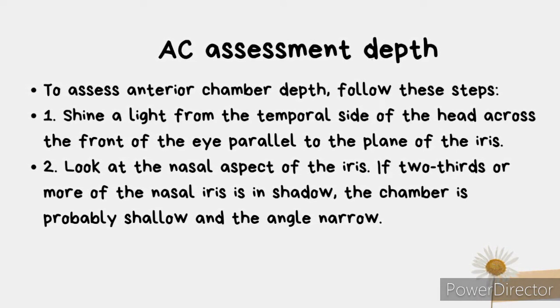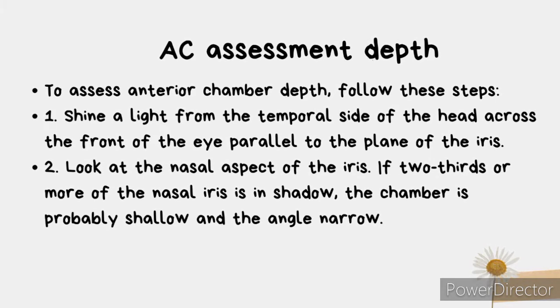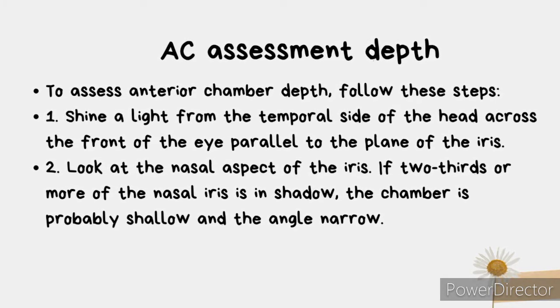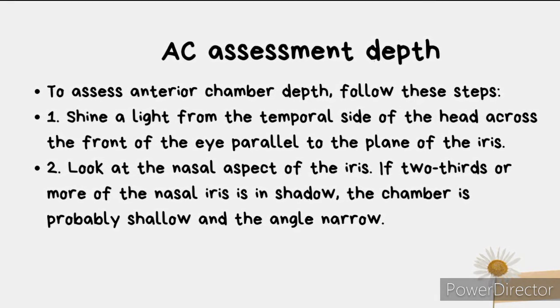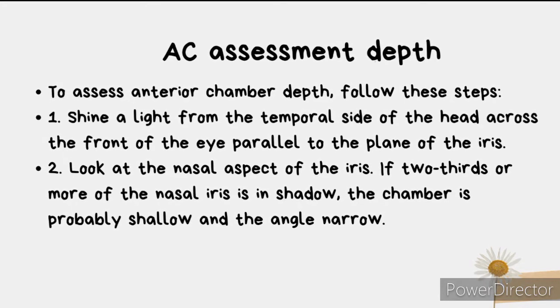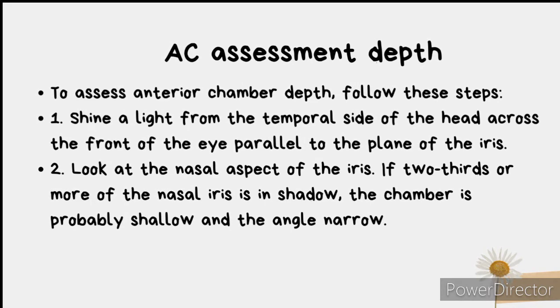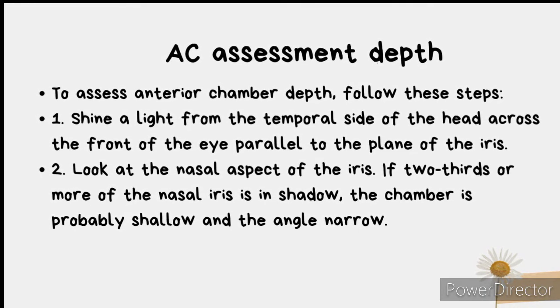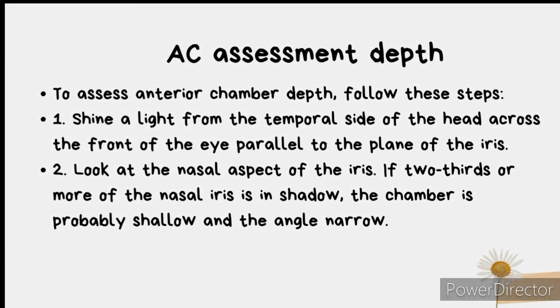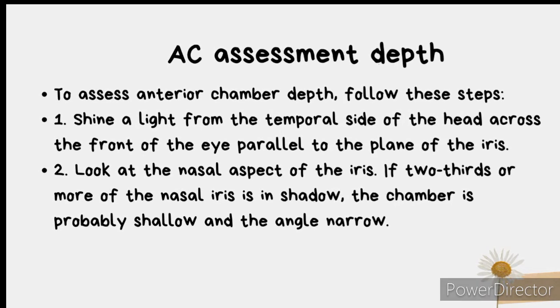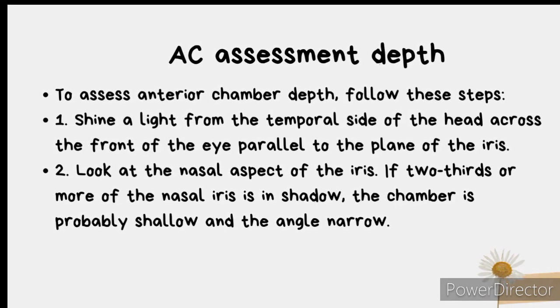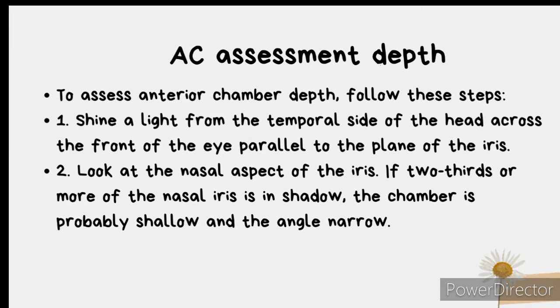First, shine a light from the temporal side of the head across the front of the eye, parallel to the iris. Second, look at the nasal aspect of the iris. If two-thirds or more of the nasal iris is in shadow, the chamber is probably shallow and the angle is narrowed.